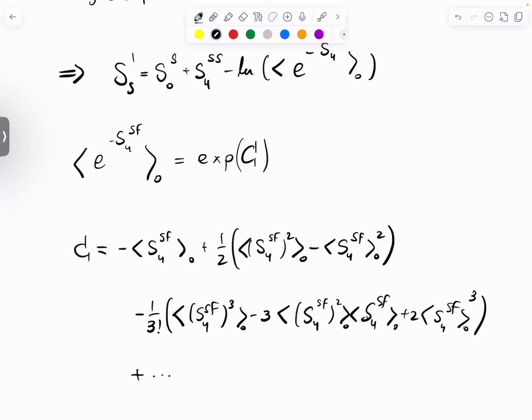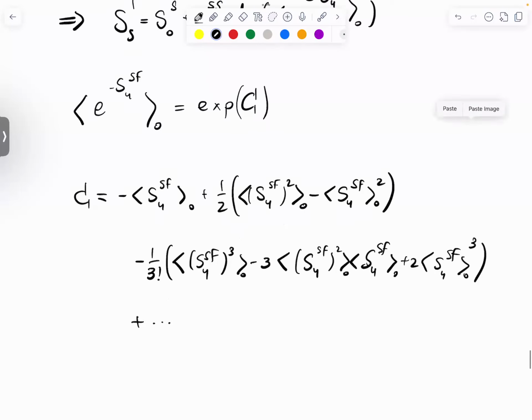The nice thing about this cumulant expansion, as we'll see in a moment, is that all these additional cumulants become like a fluctuation, such that the terms you subtract are exactly the disconnected diagrams. But let's take term by term.